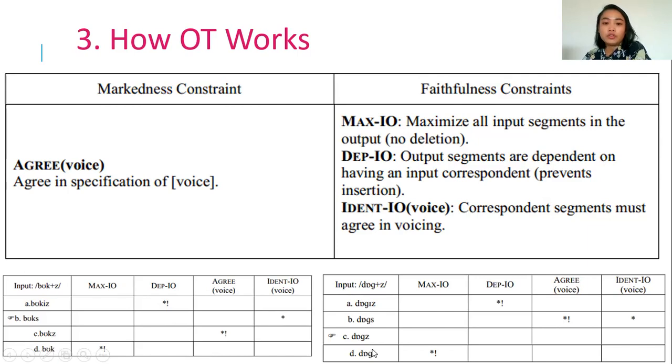Of course, because there is a deletion in dog, there is no plural suffix, so these candidates got marked in Max IO because there is a deletion. It shouldn't be there. Then there is also an insertion, or adding, of the E sound. That's why the first candidate got forbidden in Dep IO.